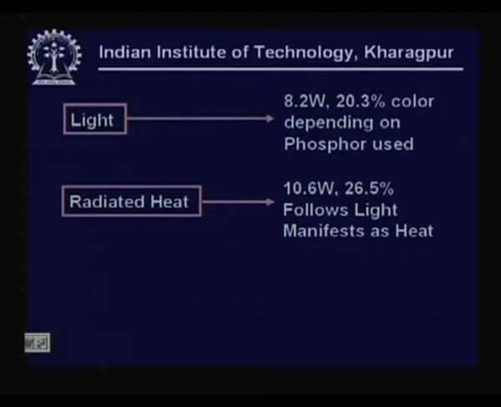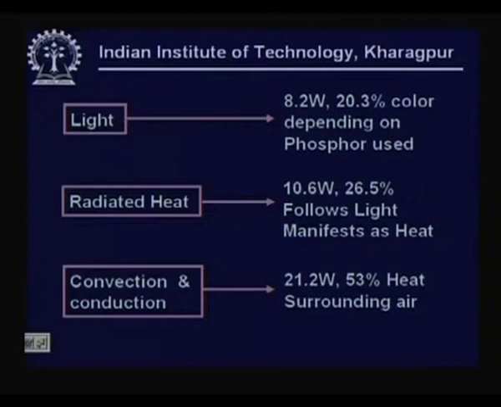So, if one looks at the heat on the task table, this is the kind of a thing which one could expect along with the light. This together accounts for 50% almost. Convection and conduction are responsible. They could be controlled by proper design of the luminaire as a whole.